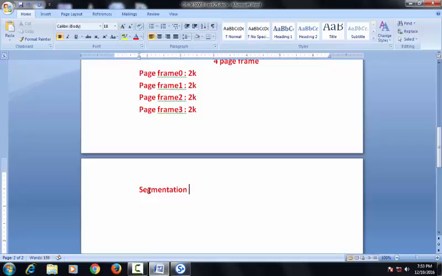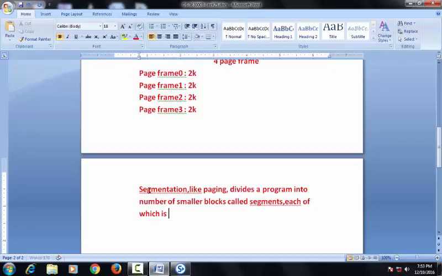Segmentation, like paging, divides a program into a number of smaller blocks called segments, each of which is allocated to memory independently.